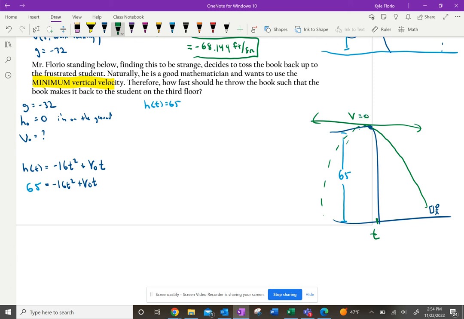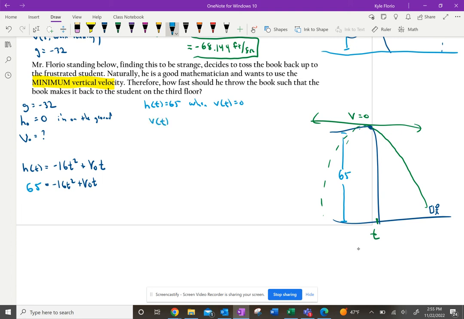So the rate of change of that function, or the slope, we have to have a horizontal tangent line, has to be 0. What does that mean? We want h of t to equal 65 when v of that same t equals 0.